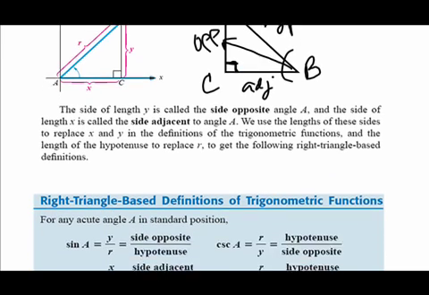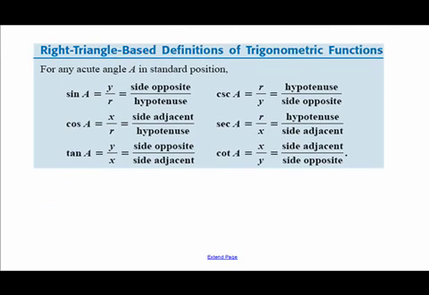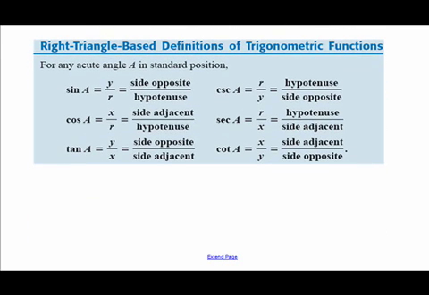Once we have the vocabulary down, then we're going to redefine our 6 trig functions. Now, the earlier definitions are still there. Y-coordinate divided by r for sine, x-coordinate divided by r for cosine, but now we can redefine these 6 trig functions as the ratio of the lengths of those sides.